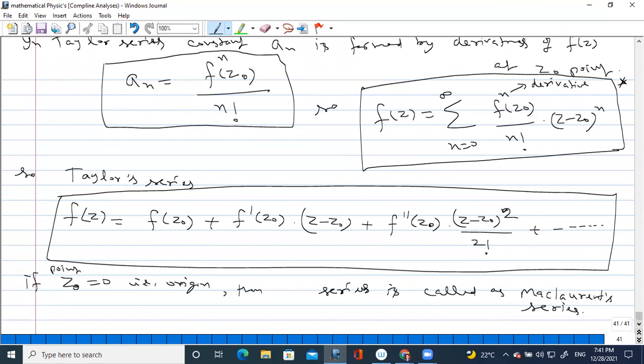Okay, and what will it become? f(z) will be equal to, in place of z0, just put 0. So it will become f(0) plus f'(0) into (z minus 0) actually. So this will remain only z. No need to write z0. And plus f''(0) into z square by factorial 2. This is factorial 2.